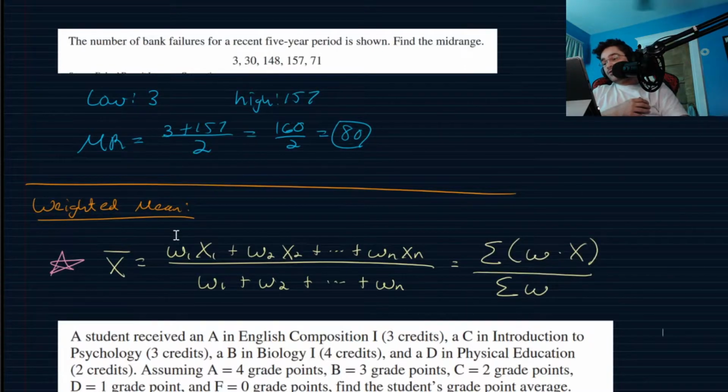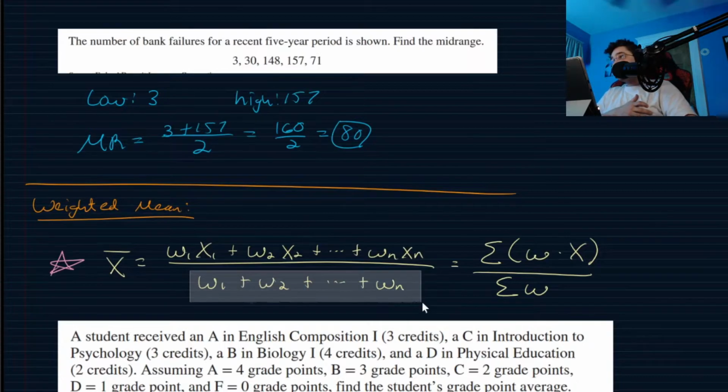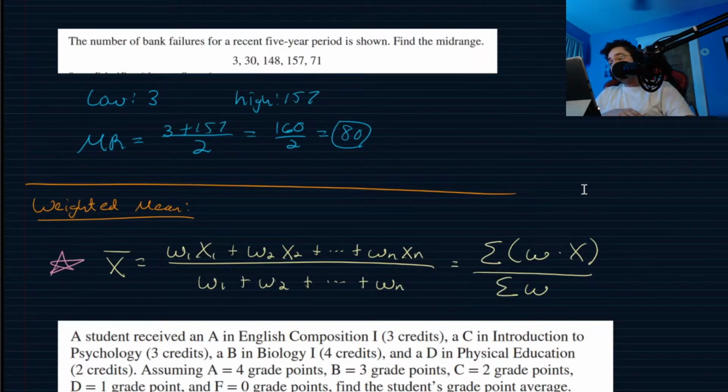You take the weight of the first data value and multiply it by that data value. You take the weight of the second data value and multiply it by that data value, add them all up, and that's your numerator. For the denominator, you just add up the weight of the first value, the second value, the third value, all of them, and then you calculate that value.